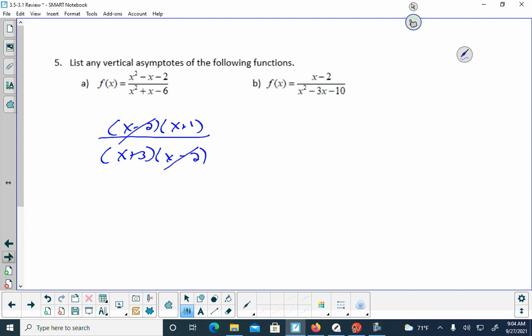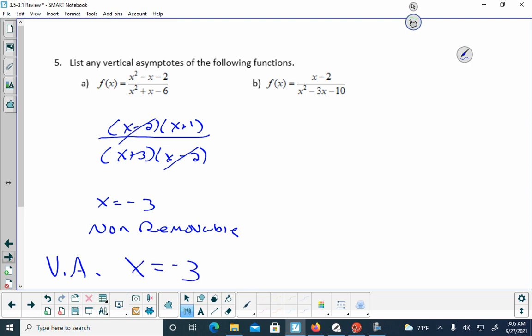So that is a removable discontinuity, so that makes a hole, which means it is not an asymptote. The other discontinuity is x equal to negative 3. So that's my non-removable. If it's non-removable, that makes a vertical asymptote. So my vertical asymptote is going to be x equals negative 3.